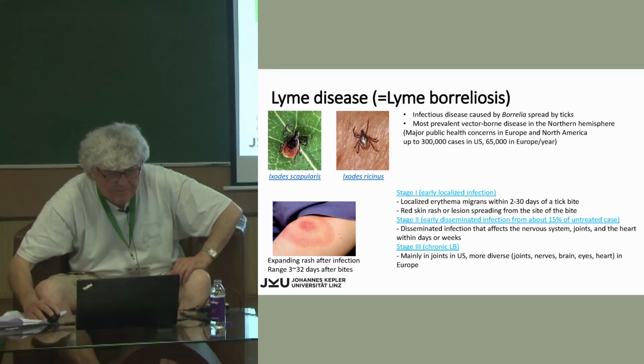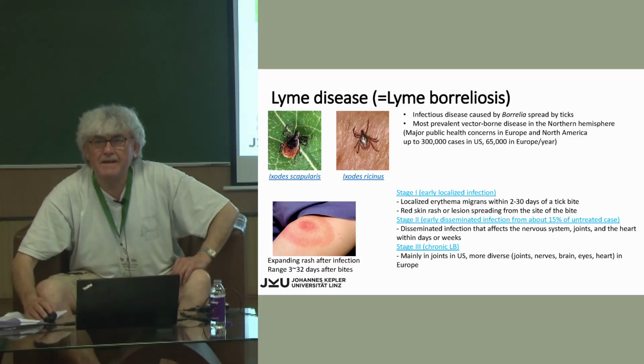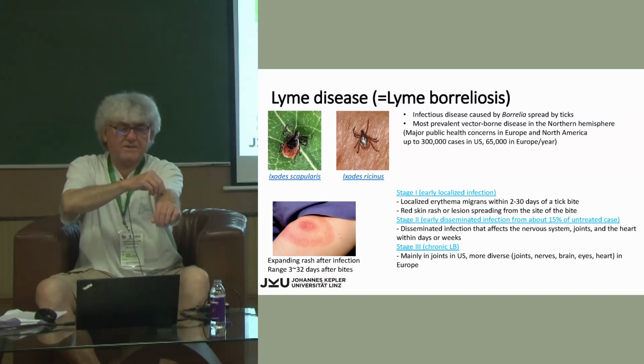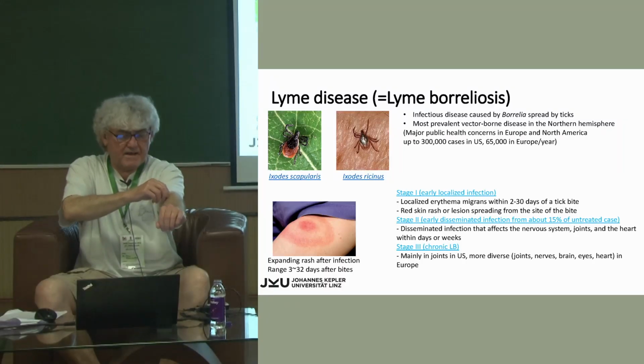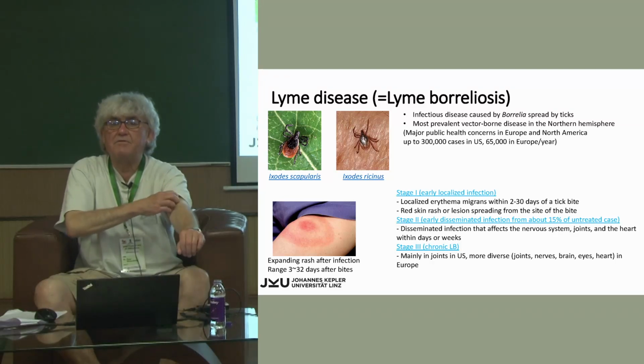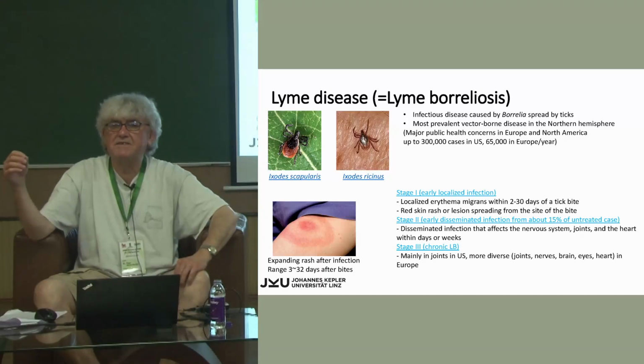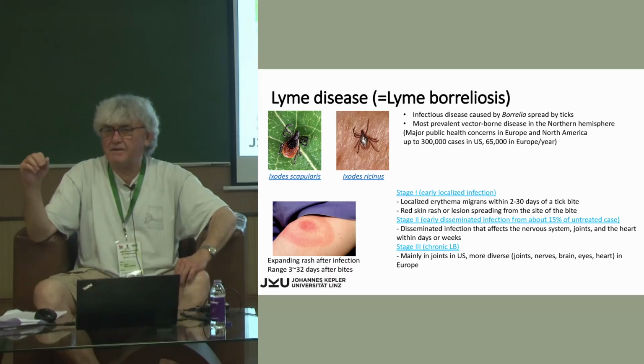So it comes from ticks. Ticks, of course, bind to our skin, and what they can do is release bacteria or viruses. The disease with the viruses is called FSME, and there is a vaccine against the viruses. But it seems to be simpler to develop vaccines against viruses than against bacteria.